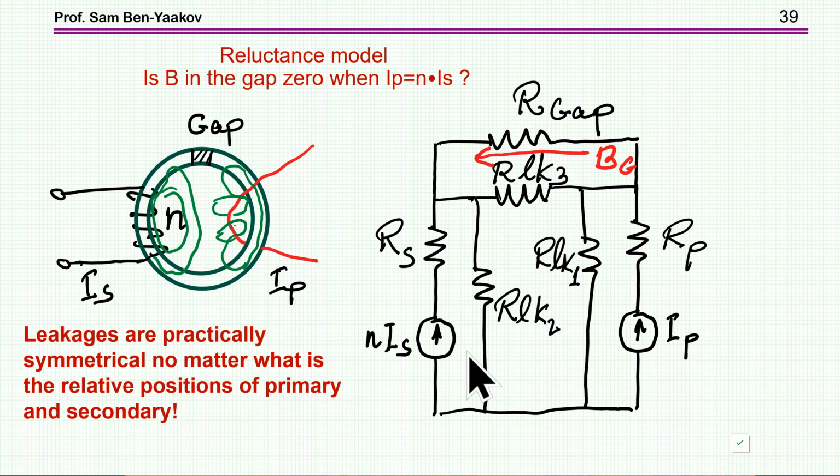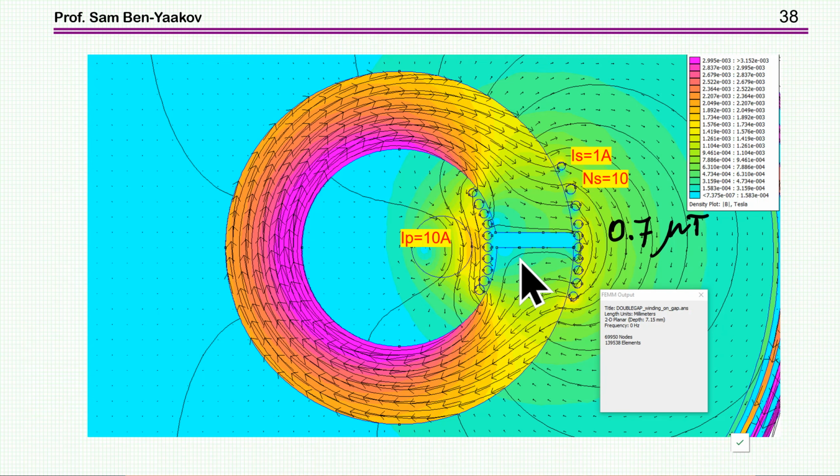So this will be my explanation. I don't know if it is correct, but this is my gut feeling that this is really what is happening here. Otherwise, I just cannot explain how come that we put everything on here and still we get this very nice response of almost zero magnetic flux density in the gap.